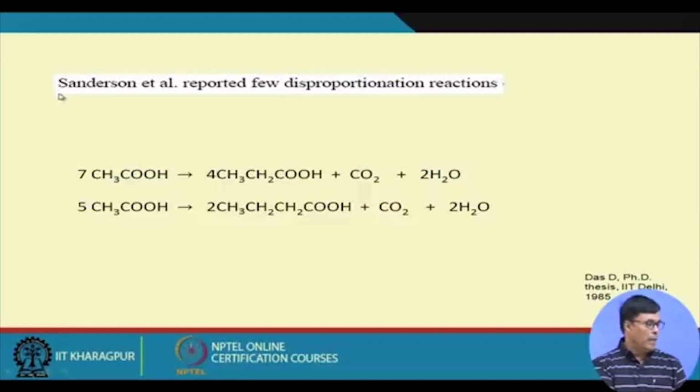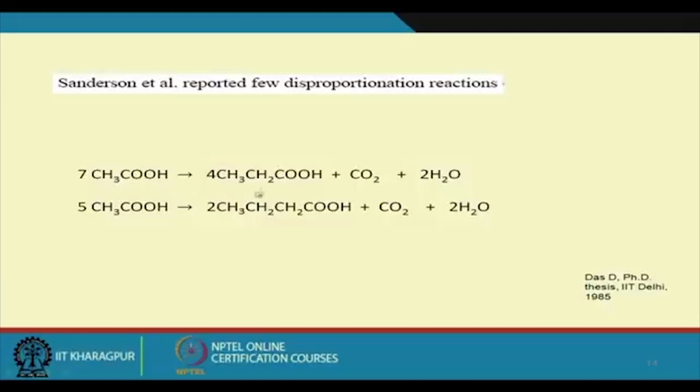Now, there is a scientist called Sanderson et al. who reported the disproportionation reaction. This is very interesting, because as I told you, in anaerobic digestion the acidogenesis process gives volatile fatty acids, which mainly comprise acetic acid, propionic acid, and butyric acid.